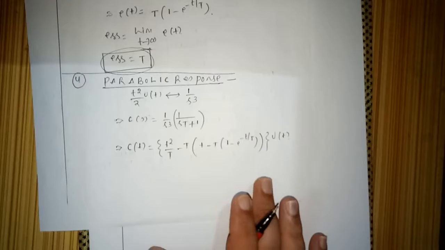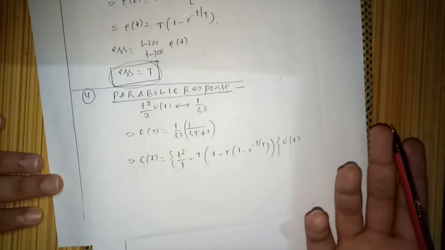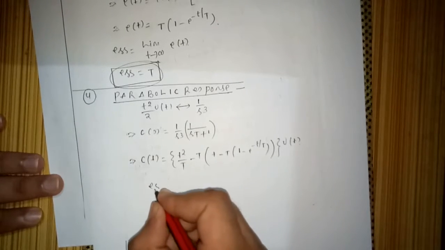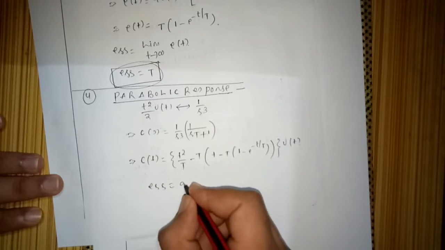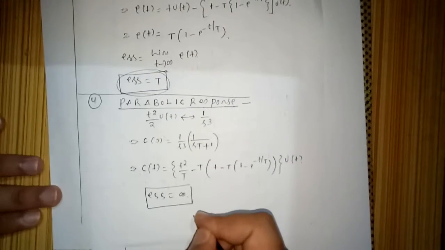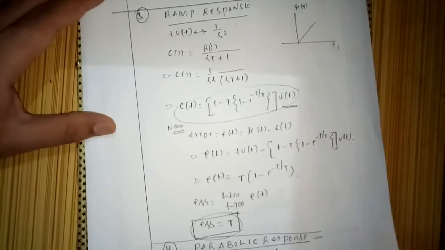So this is what I got. If I calculate its error e(t) equal to r(t) minus c(t) and do some manipulation, then what I get is steady state error is equal to infinite. That means steady state error has increased more in parabolic response. Right. Now that concludes our discussion of first order system.